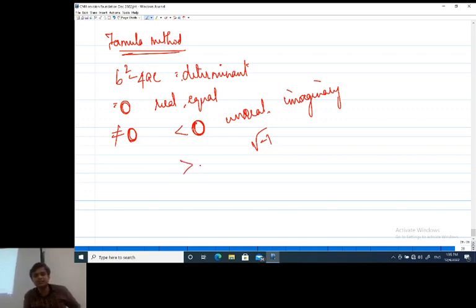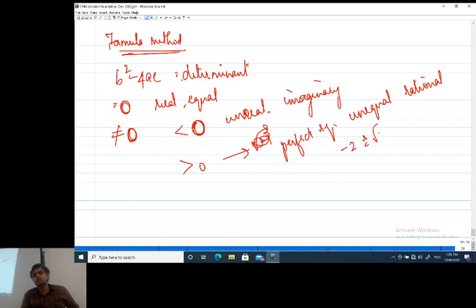If it is greater than 0, there is a further subset. If it is a perfect square, the roots are unequal but rational. For example, minus 2 plus or minus root of 16, by 2.